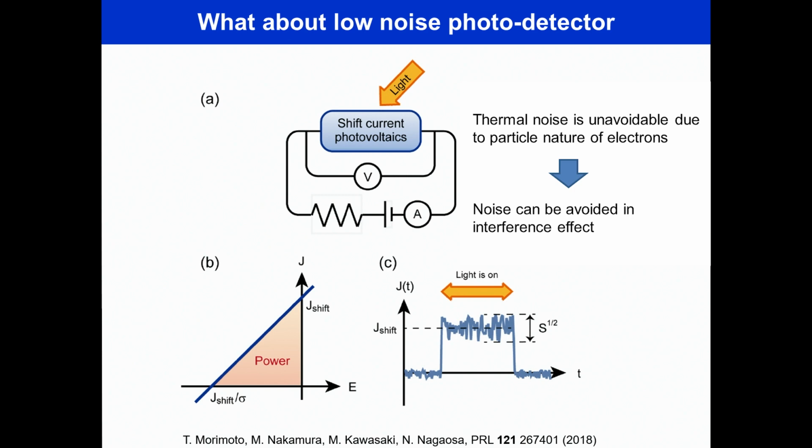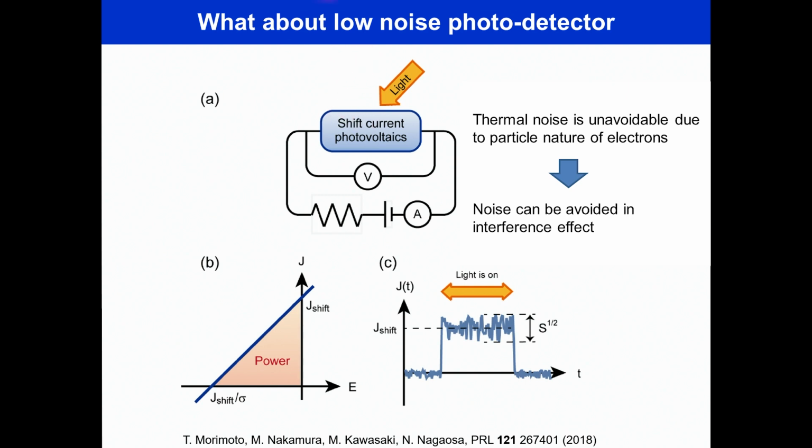When we detect such light, we use such a detector to convert it into an electrical signal. Actually, when you use a detector, if the electrons have the characteristics of particles, when the electrons run in this way, the particles collide with atoms, and the speed of the particles either becomes zero or there is acceleration. This is the so-called thermal noise.